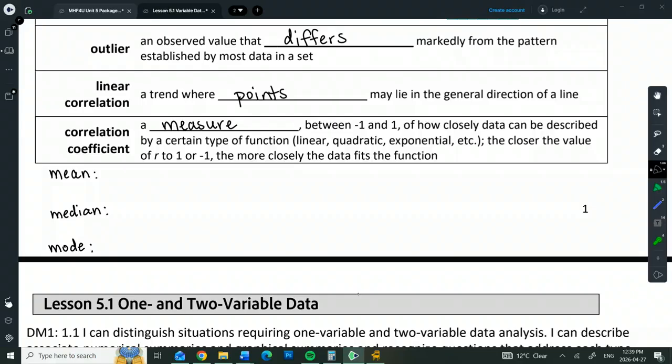The mean is essentially the average of a data set, or say of a set of values.